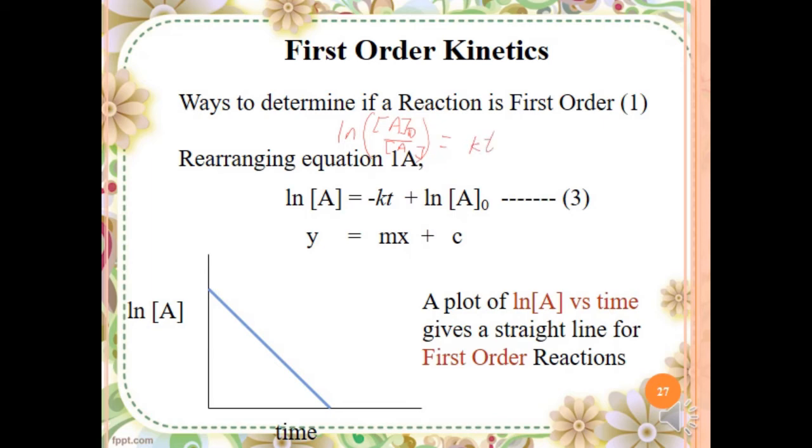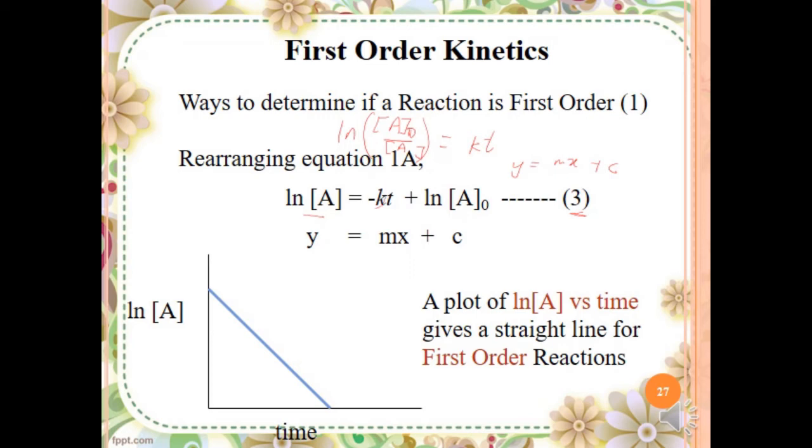We rearrange this to give us this, so that we get the pattern for the plot, which is y equals mx plus c. So that's why we get ln A equivalent to negative kt plus ln A naught.